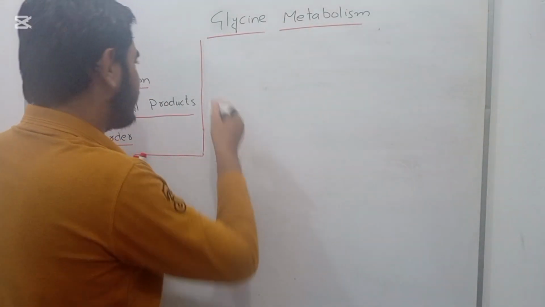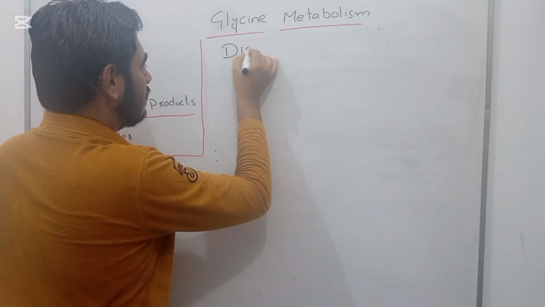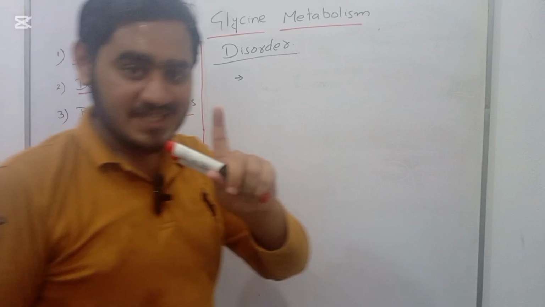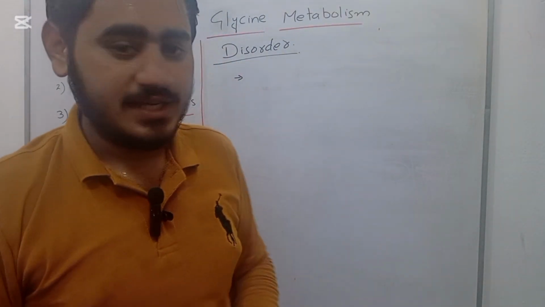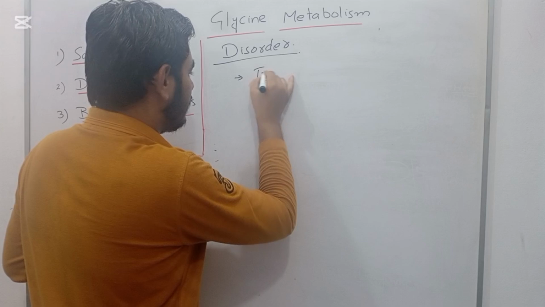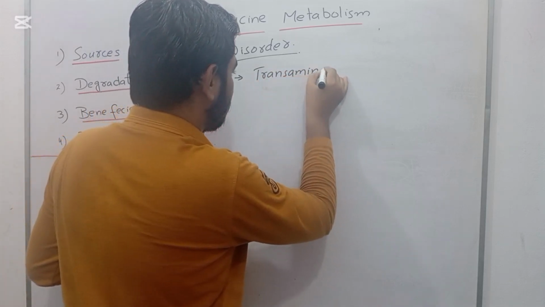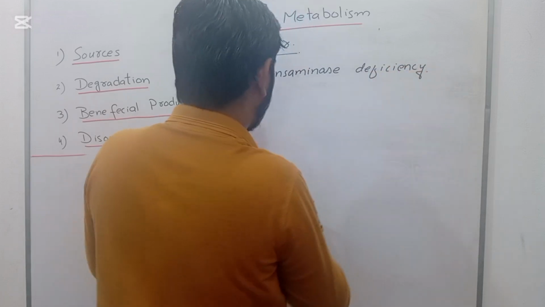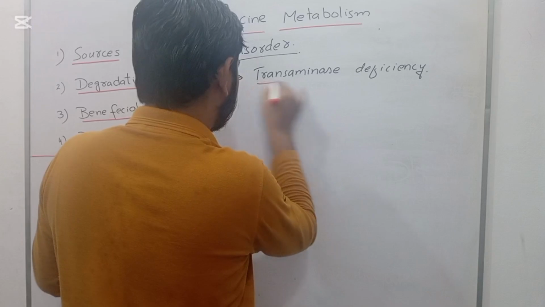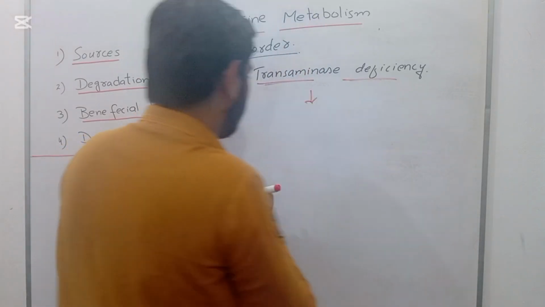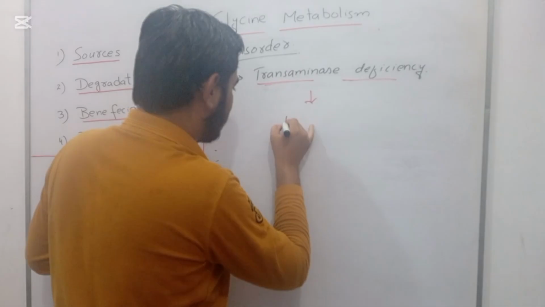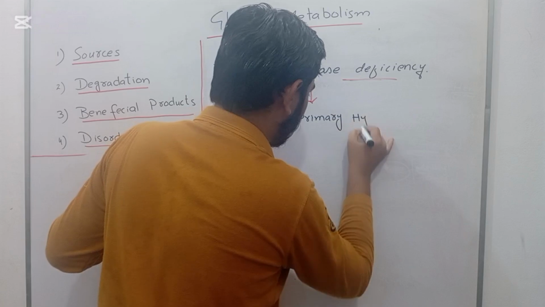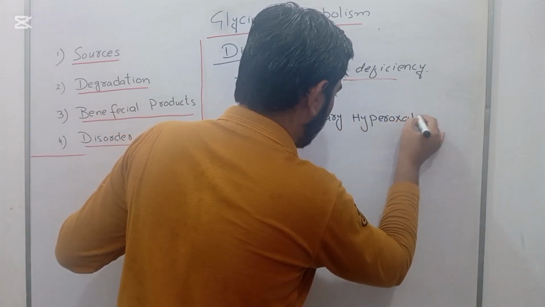Basically, the deficiency of transaminase enzyme leads to a disorder, and that is primary hyperoxaluria.